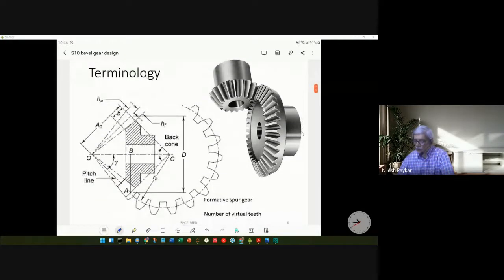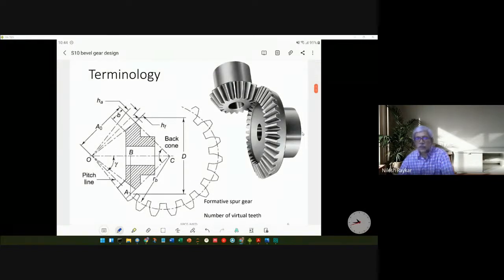For our calculation or design purpose, we need to understand certain notations. The first thing to note is the tooth profile.